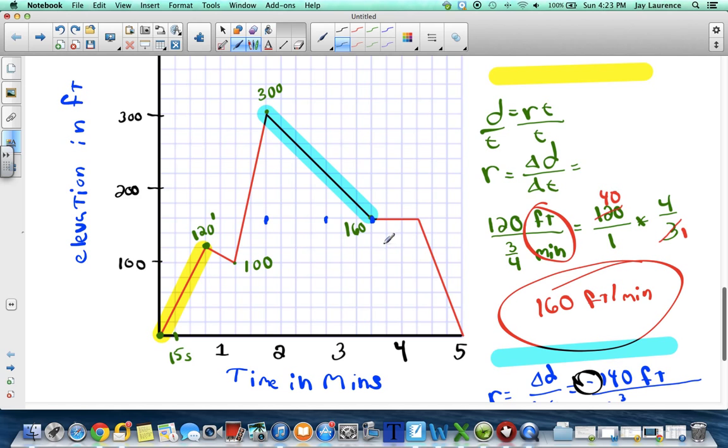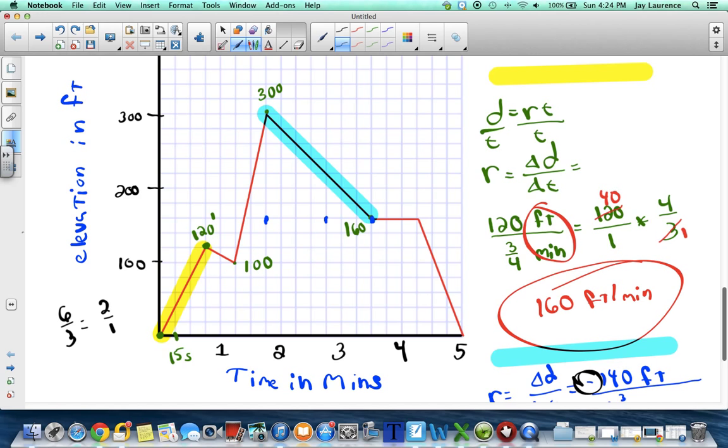Now, does that make sense? You look at the yellow highlighted segment. It's going up 1, 2, 3, 4, 5, 6 blocks for every 1, 2, 3 it goes over. So it's like 6 over 3 or 2 over 1. But this one's going down 7 and going over 7.